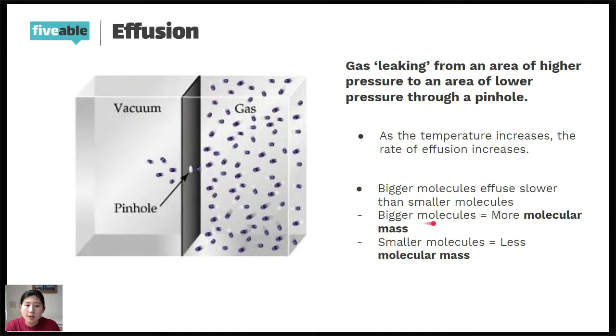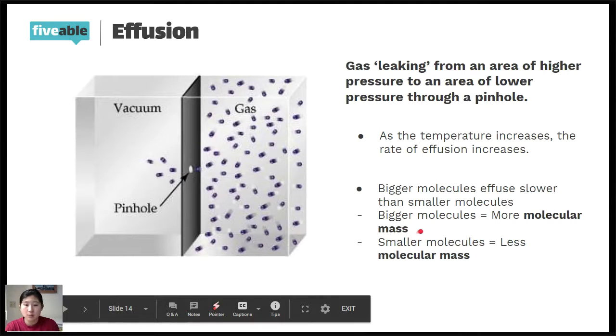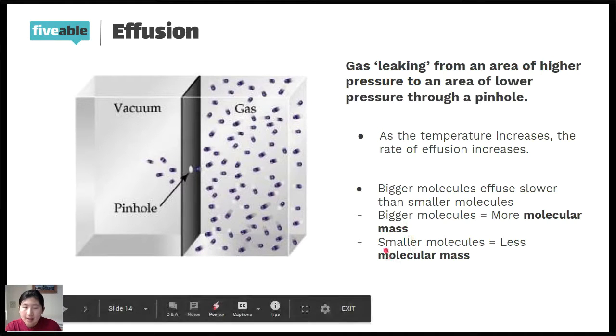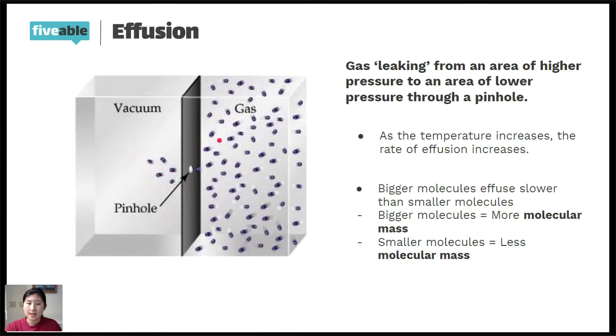The bigger molecules have more molecular mass, which means they're heavier and bigger, and they also move slower than the smaller ones. So the smaller ones have less molecular mass, so they would effuse through that pinhole much faster.